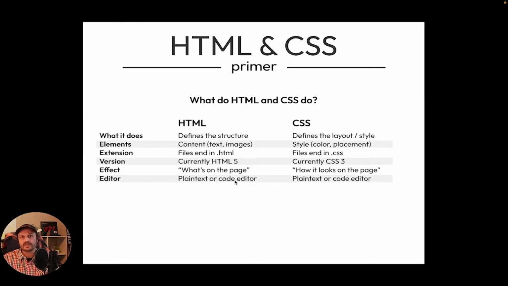Those are okay ways of writing your fiction, your nonfiction, case studies, things of that nature. And you can also write HTML and CSS in there. All you need to do is when you save the file, save it as a .html or .css file instead of, say, .txt.